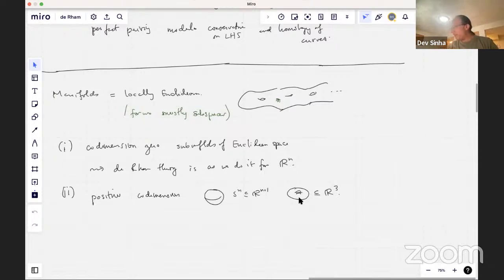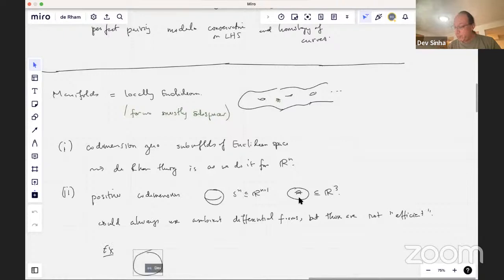And we could always use ambient differential forms from Rn plus 1 or Rn or whatever. But the thing to note there is that those are not going to be efficient. So let's do a quick example.